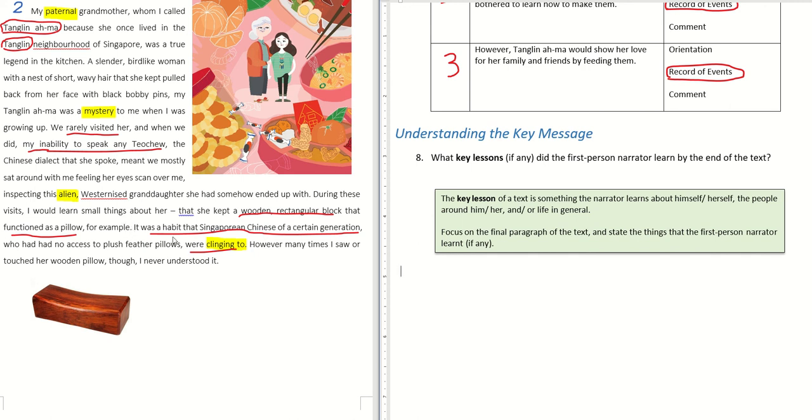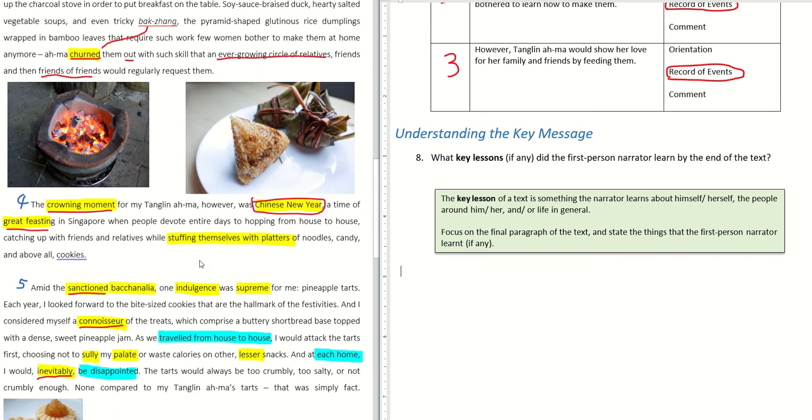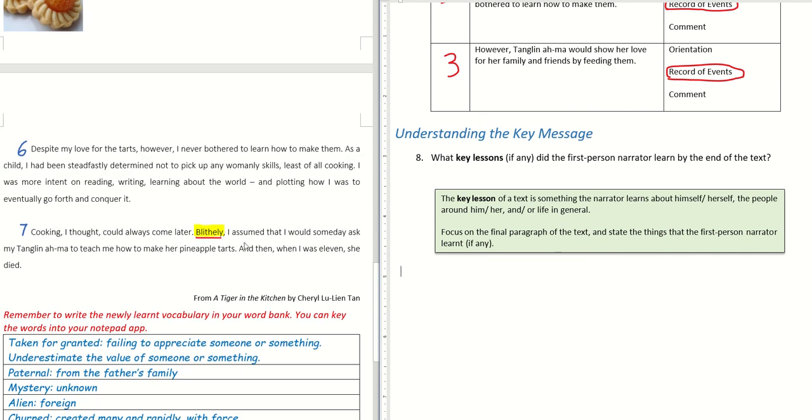You notice that Tanglin Ama actually loved her, and she also assumed that sometimes she would ask Tanglin Ama to teach her to make the tarts before Tanglin Ama passed away. So in other words, what are some of the things you should learn? Would be love can't wait.